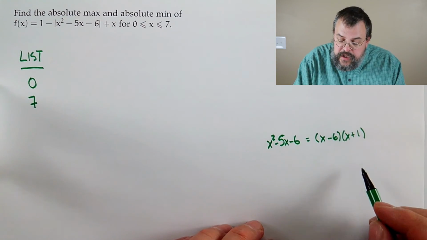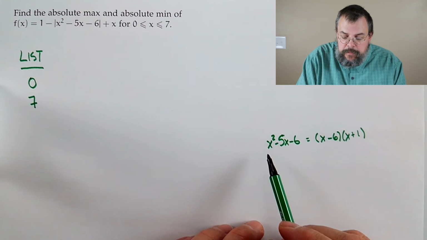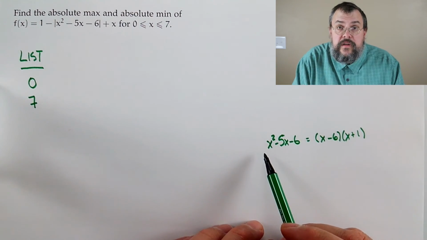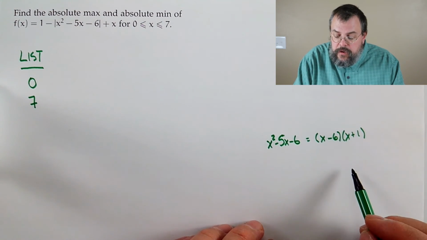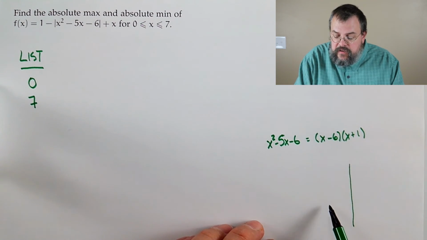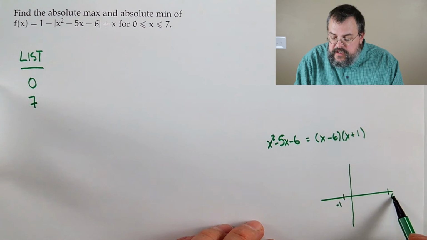Now, in terms of the picture, we know it's going to be a parabola that opens up. The up is because the coefficient of x squared is positive. We can also see, because we factored, we know where it's going to hit the x-axis, so we know where the x-intercepts are. They're going to happen at negative 1 and at positive 6.